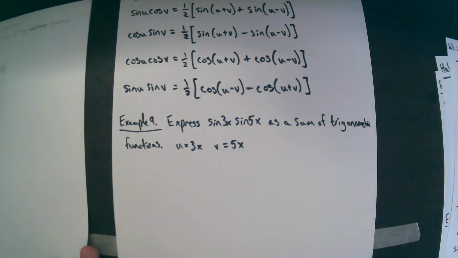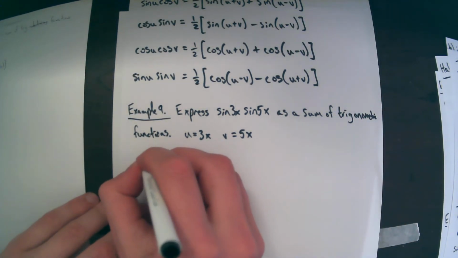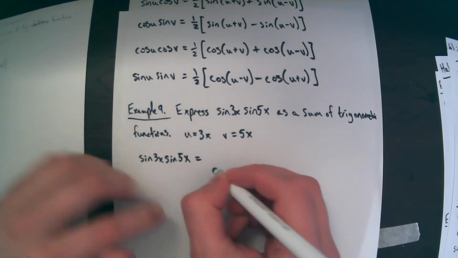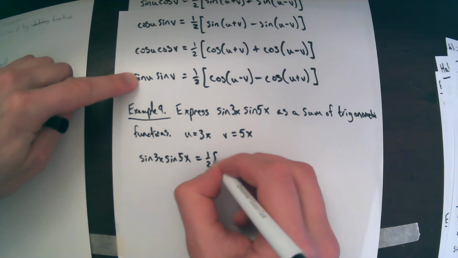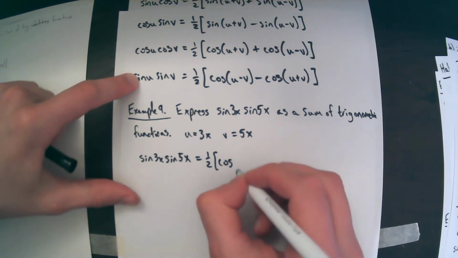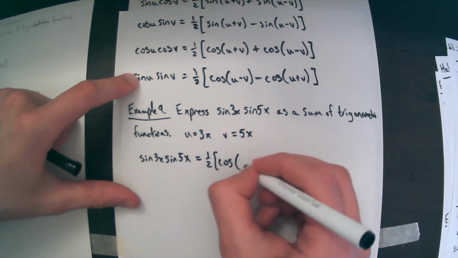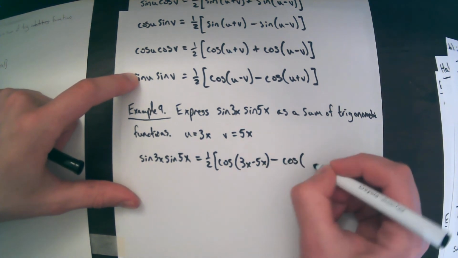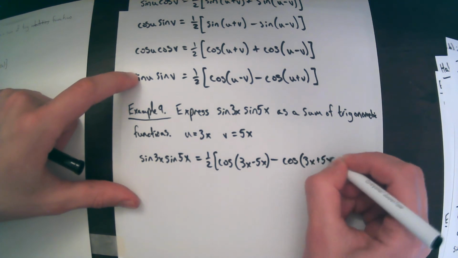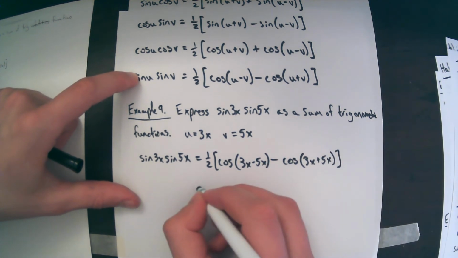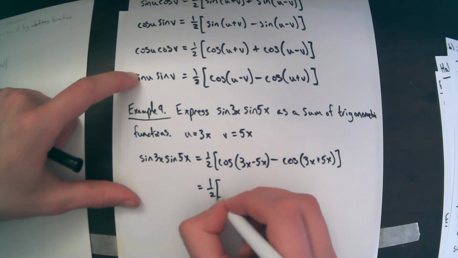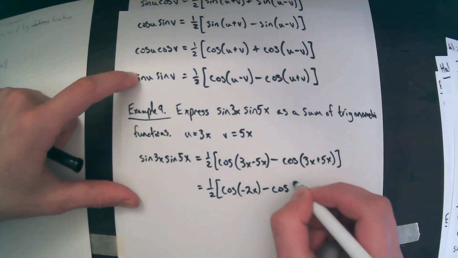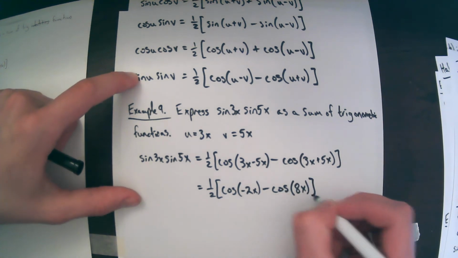So sine of 3x times sine of 5x is equal to 1/2 times cosine of their difference, and I have to make sure I get the order right, so 3x minus 5x, minus cosine of their sum, 3x plus 5x. That's equal to 1/2 times cosine of negative 2x minus cosine of 8x.